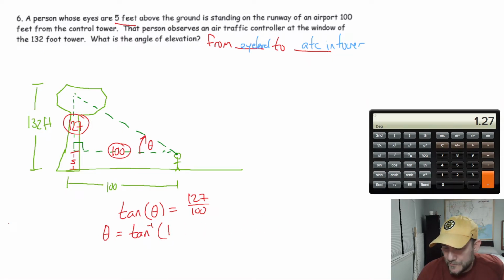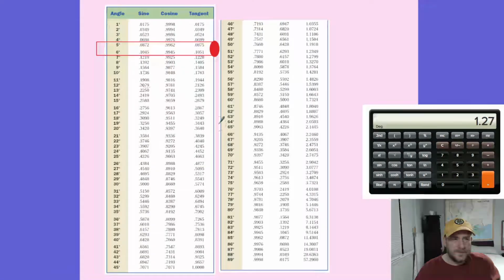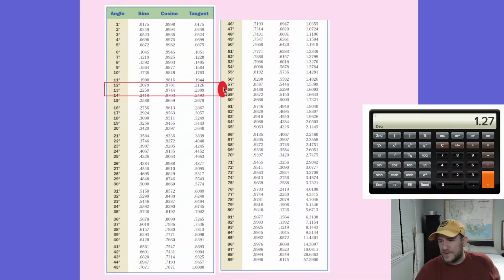But if we're looking up 1.27, then theta must be approximately, and I'm going to take you to the table for this one, 1.27. Okay, let's find it. Looking in the tangent column, there it is, 1.2799. So we must be between 51 and 52.